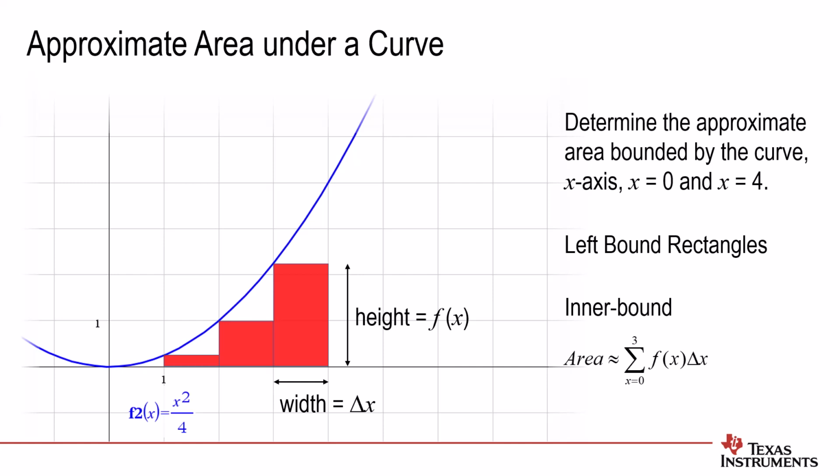The area under the curve that we get this way is going to be less than the actual area. And in this case, the height of the first rectangle is defined by x equals 0. Then x equals 1, x equals 2, and then x equals 3. So we want to sum the areas of the rectangles from x equals 0 to x equals 3. The height multiplied by the width.